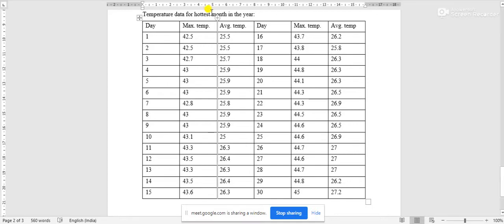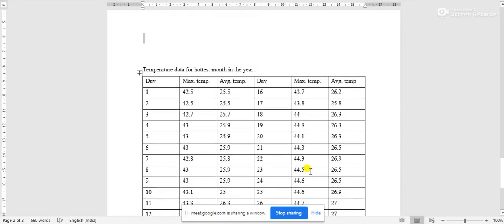This table may not be given in the examination, but the actual way to find the mean of maximum daily temperature and mean of average daily temperature is this. You have to find these temperature data for a specific hottest month of the year for different countries' conditions, and finally make the mean of all these data. This is the actual way. That's why I am showing this temperature table.